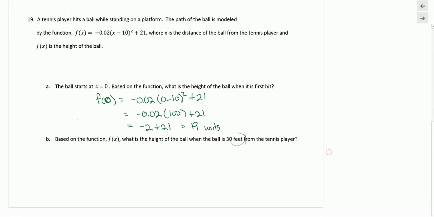Based on the function f of x, what is the height of the ball when the ball is 30 feet from the tennis player? So now we plug in 30.